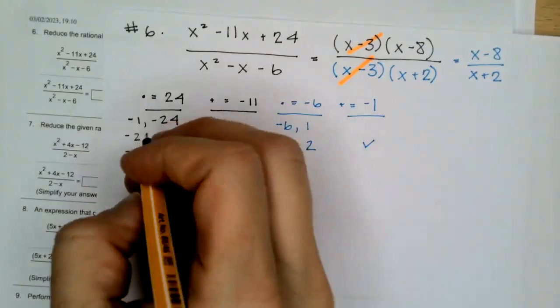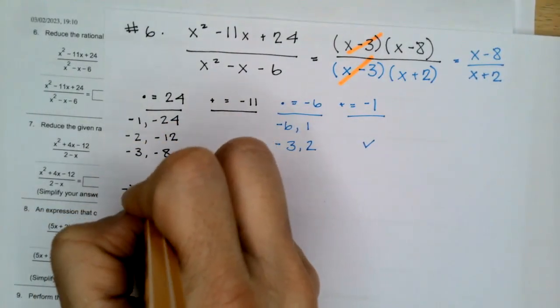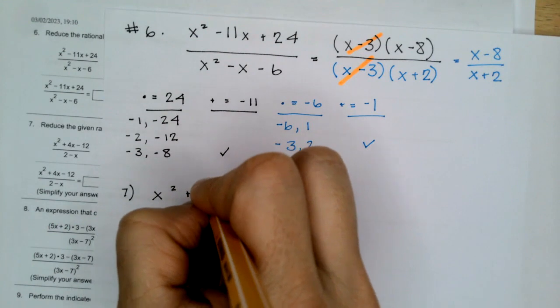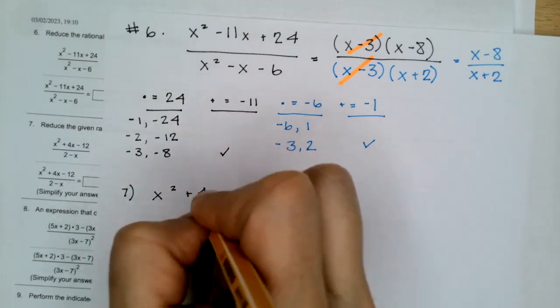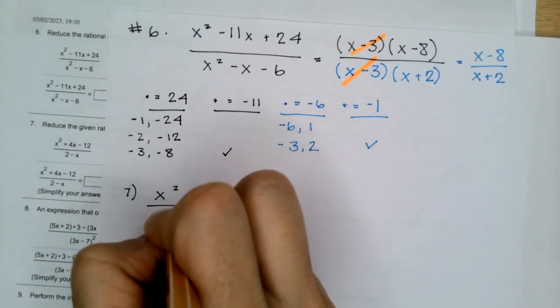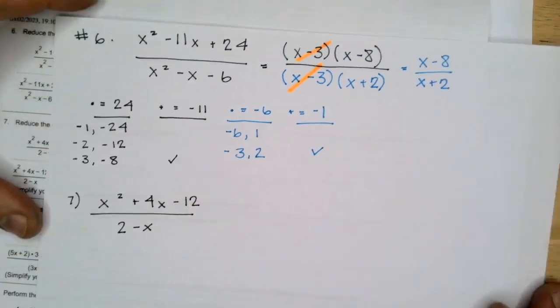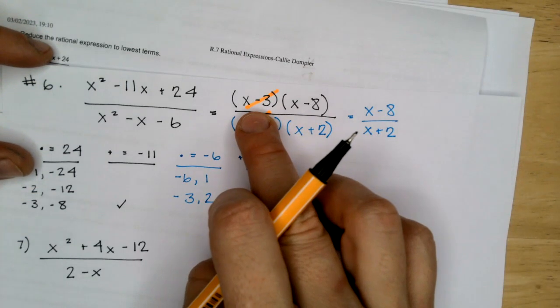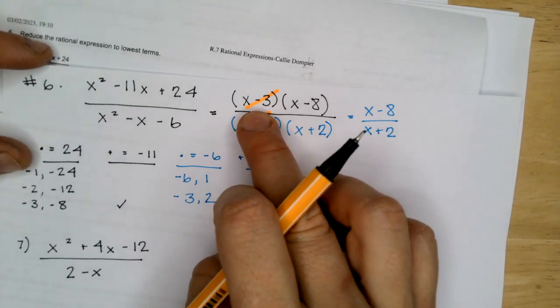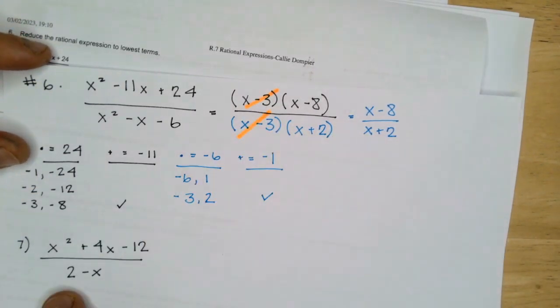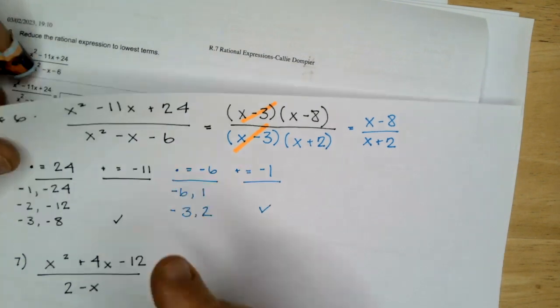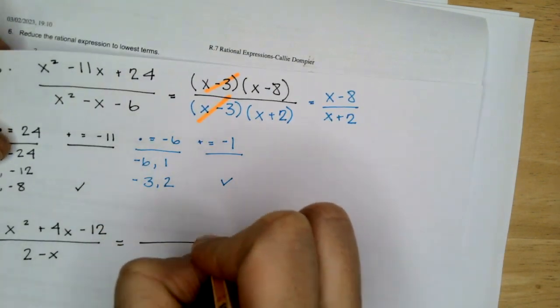Good. All right, number 7, x squared plus 4x minus 12 over 2 minus x. So I already don't like this because I don't factor things that end up with 2 minus x, right? You put the x first and then the constant behind the x. So I'm going to change this.